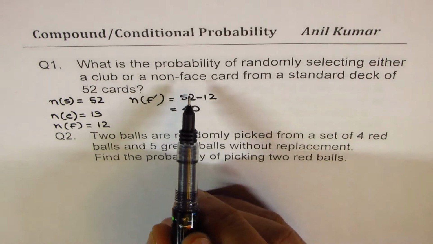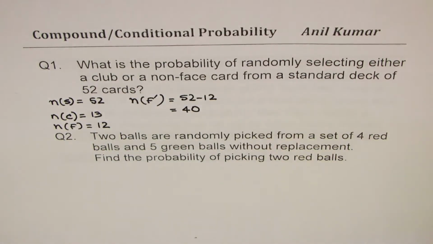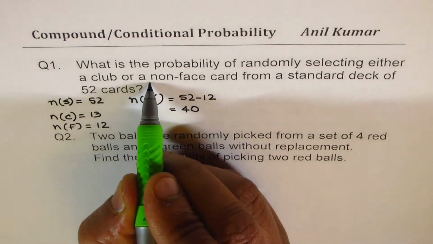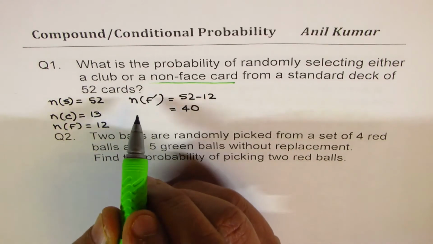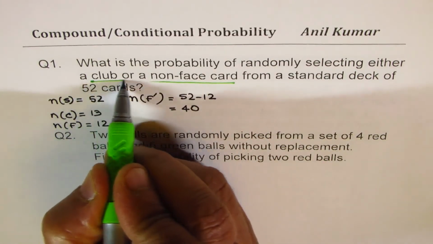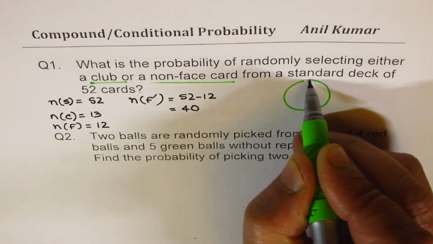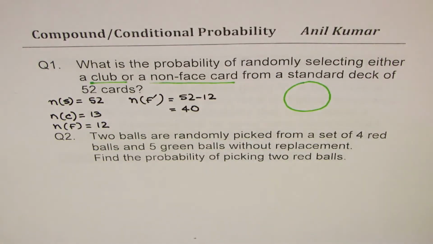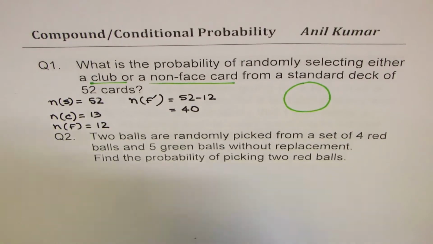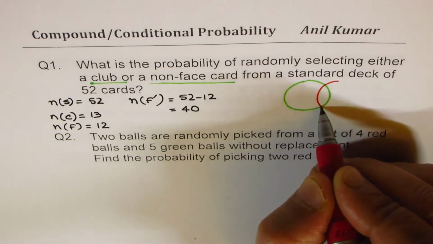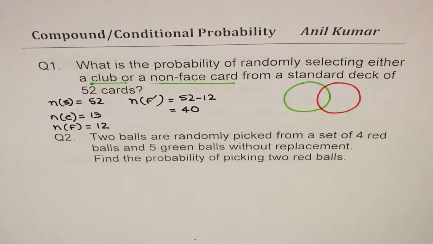So in our case, we are looking into 2 categories. One is non-face cards and the other is clubs. As you can see, there is an overlap between these two, right? Since out of 13 clubs, 10 of them are non-face cards.